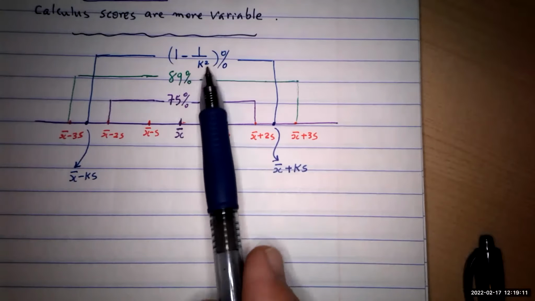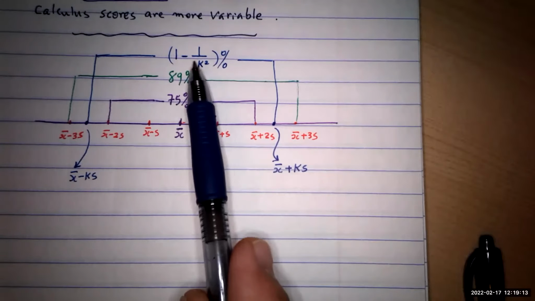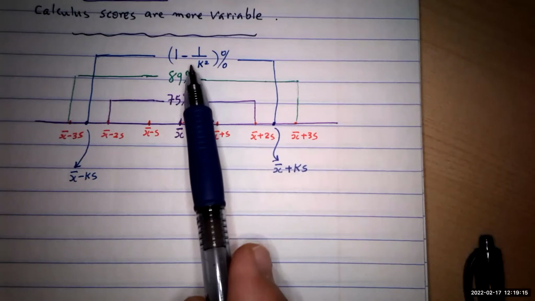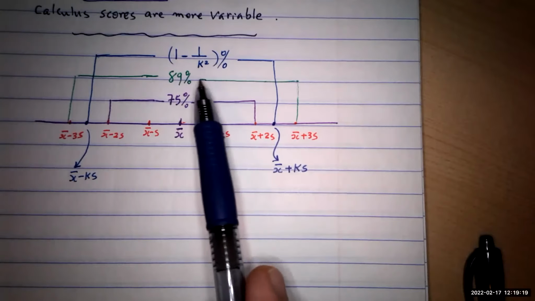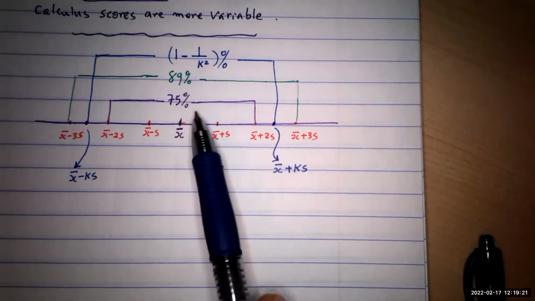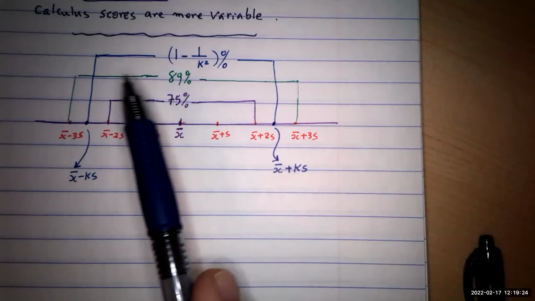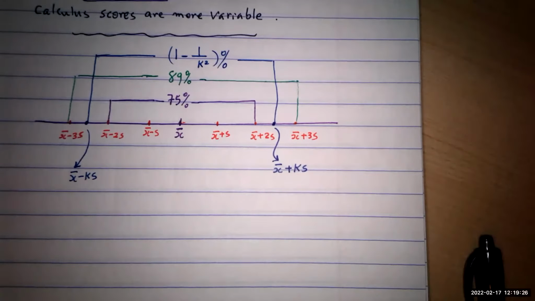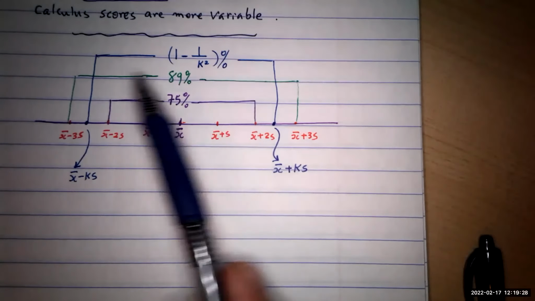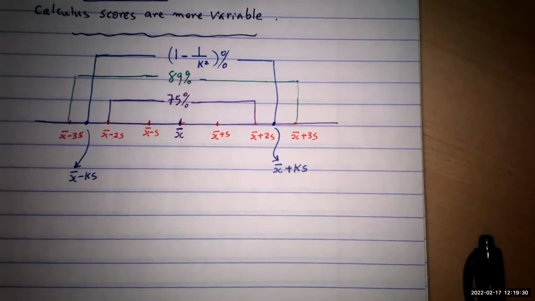If you put K equal to 3, that gives 1 minus 1/9. 1 minus 1/9 would be 8/9, and if you simplify that, it gives 89%. So these 75% and 89% are special cases of the big one. But 75 and 89 are the popular cases that we're going to have.